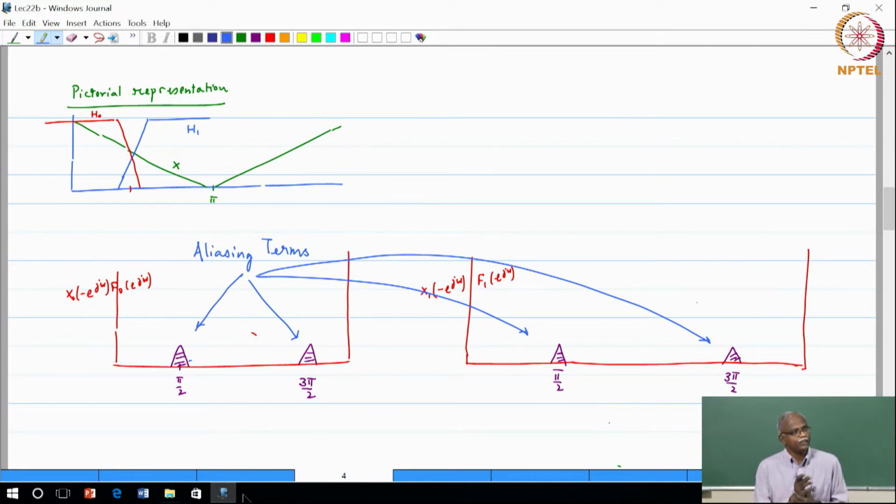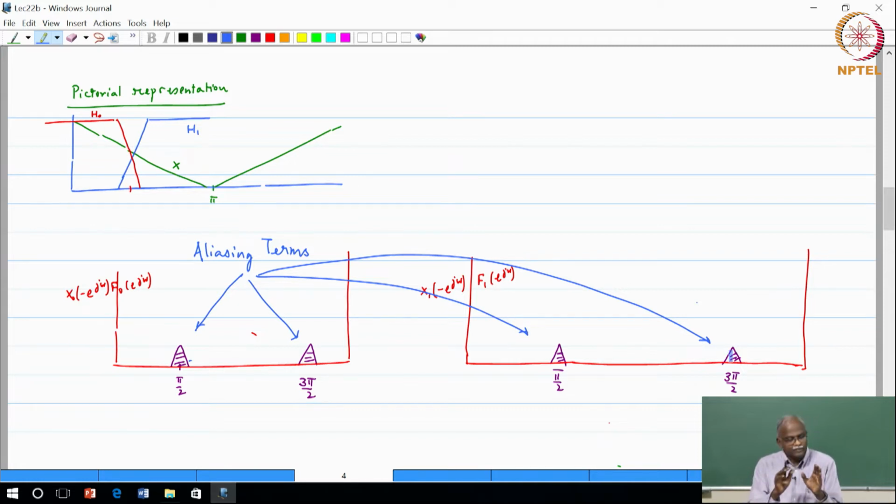We did spend a fair amount of time going through the drawing how if the green line was the input signal, H0 and H1 were the two filters that were available to us. Then we went through and showed that the aliasing terms, which come from the two terms that are in the aliasing transfer function, basically give you some non-zero value around pi by 2 and around 3 pi by 2, and similarly the other component also has got the same.